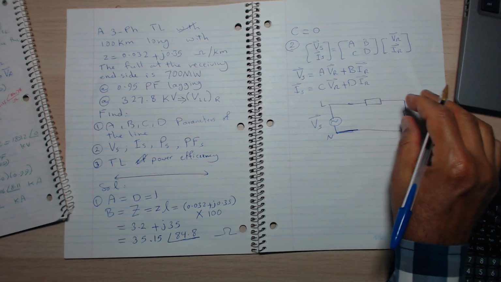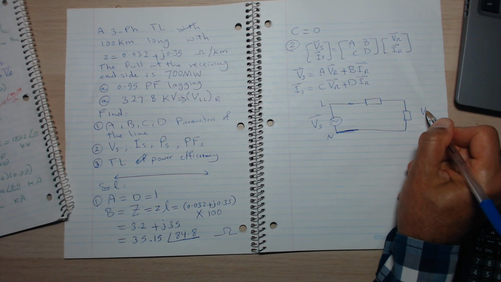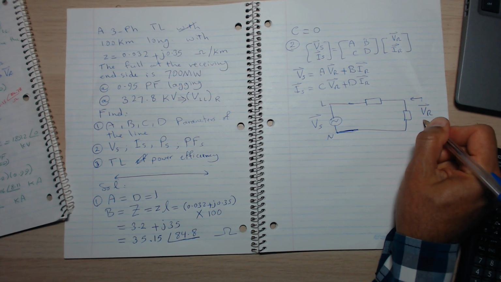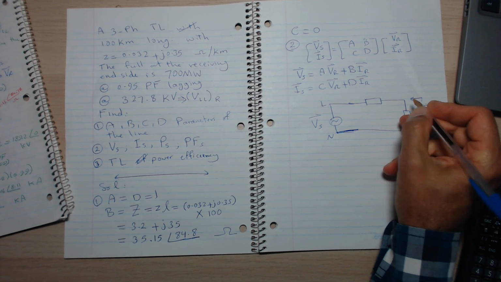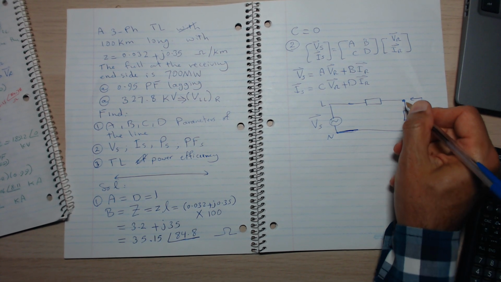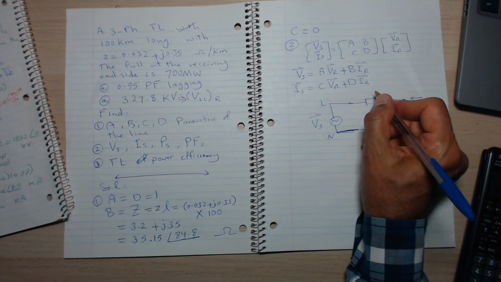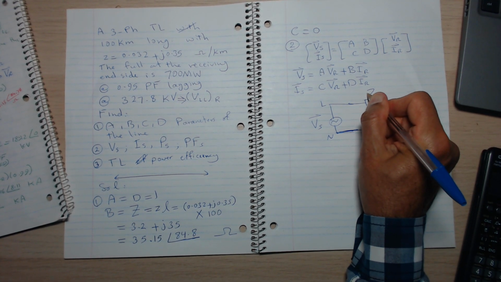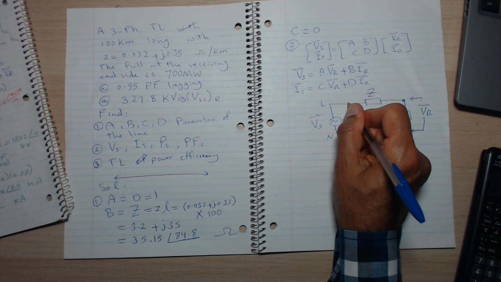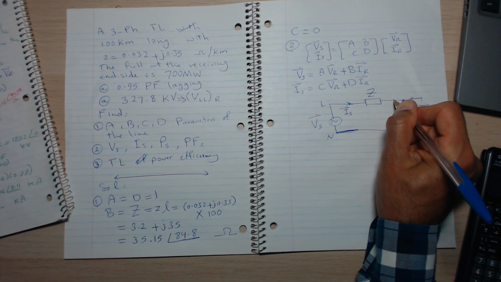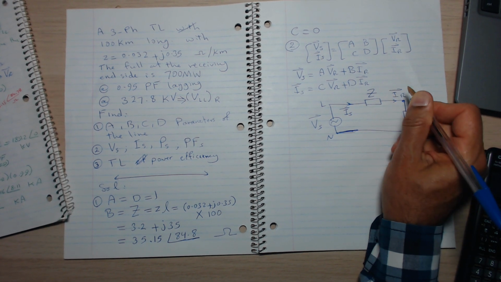So this is the sending end side, and this is the receiving end side. Okay, that's between the receiving side and the neutral, and this is Z, and that's going to be IS, and that is IR.